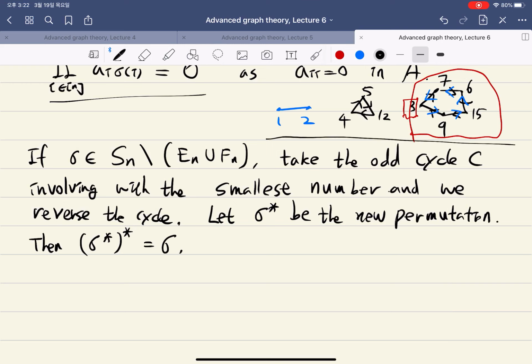Because here we reverse the cycle C, then we get sigma star. Again, in sigma star, if you choose the odd cycle involving the smallest number, then it's the same cycle. You reverse it again, then you get the original permutation sigma.